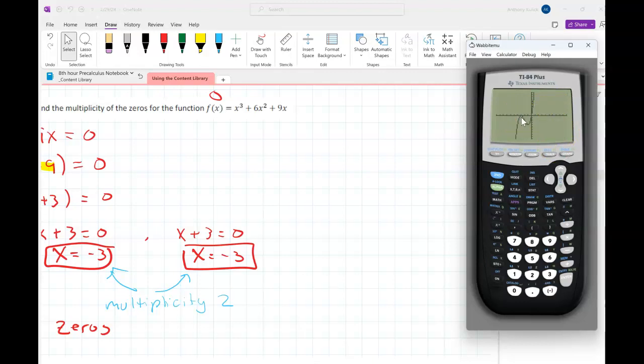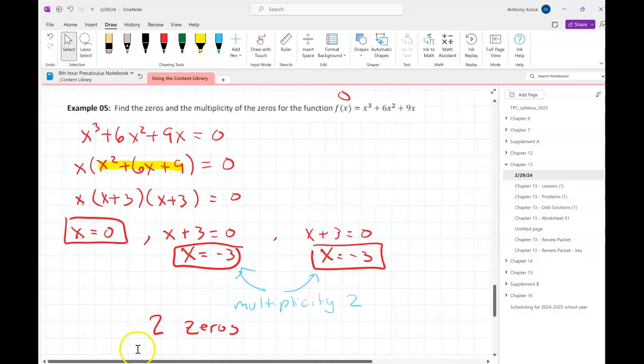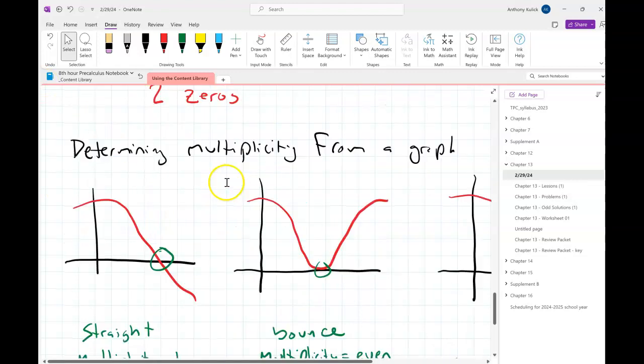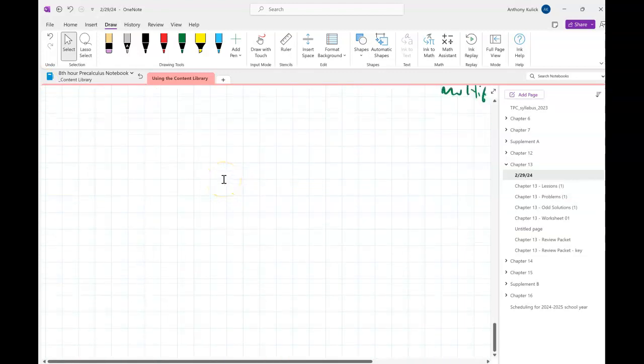A bounce. And how many times did x equals negative 3 occur as a solution? 2 times. What type of x-intercept is this one? Straight. How many times did 0 appear as a solution? Just once. Everybody's cool? Okay. So I just wanted to connect those two ideas.